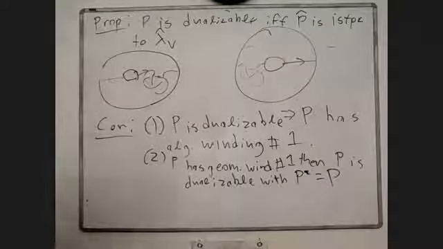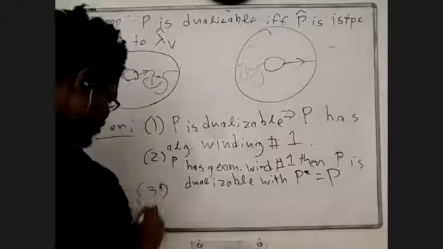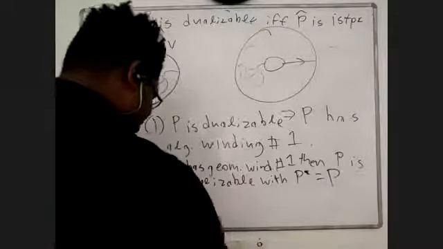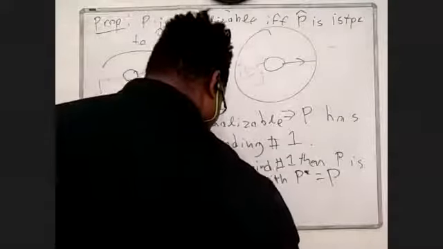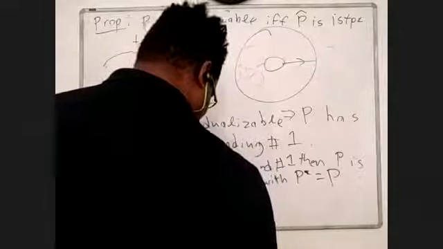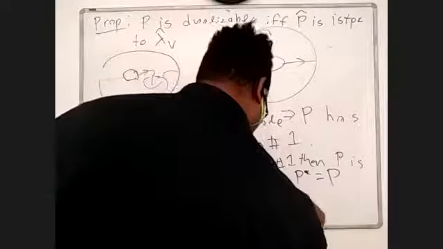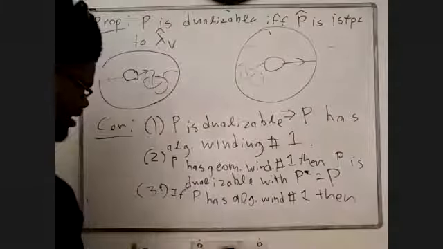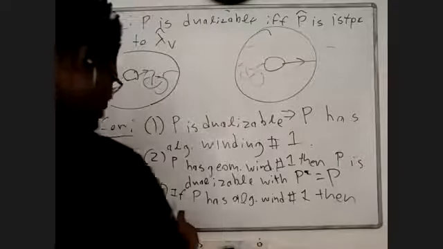And finally, a property that we're not going to use today, but it's good to know, is that if P has algebraic winding number one, then we have a necessary and sufficient condition in this case for when P is dualizable.